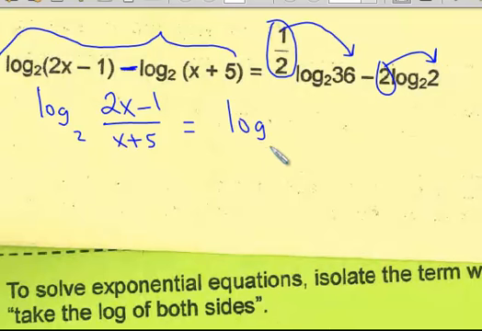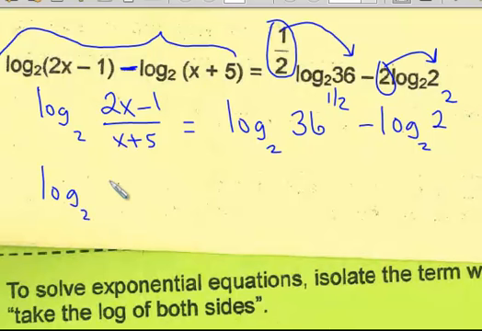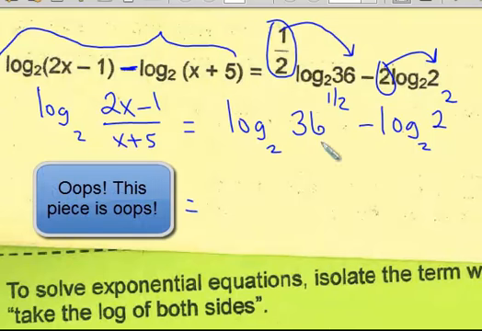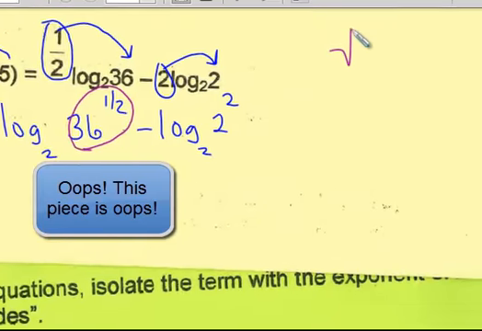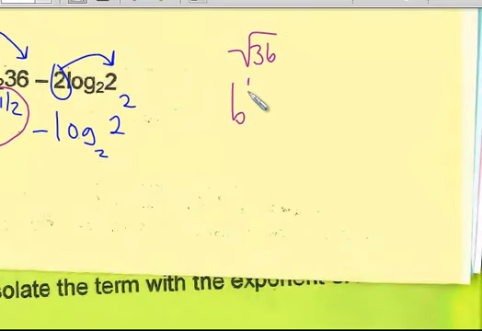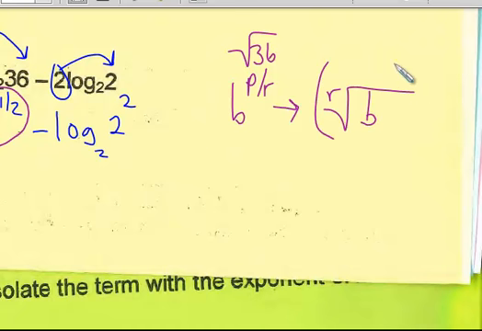So I have log base 2 of 36 to the 1/2 power, minus log base 2 of 2 squared. The left-hand side is still good, but the right-hand side still needs to be condensed. Now 36 to the 1/2 power is the same thing as saying the square root of 36.